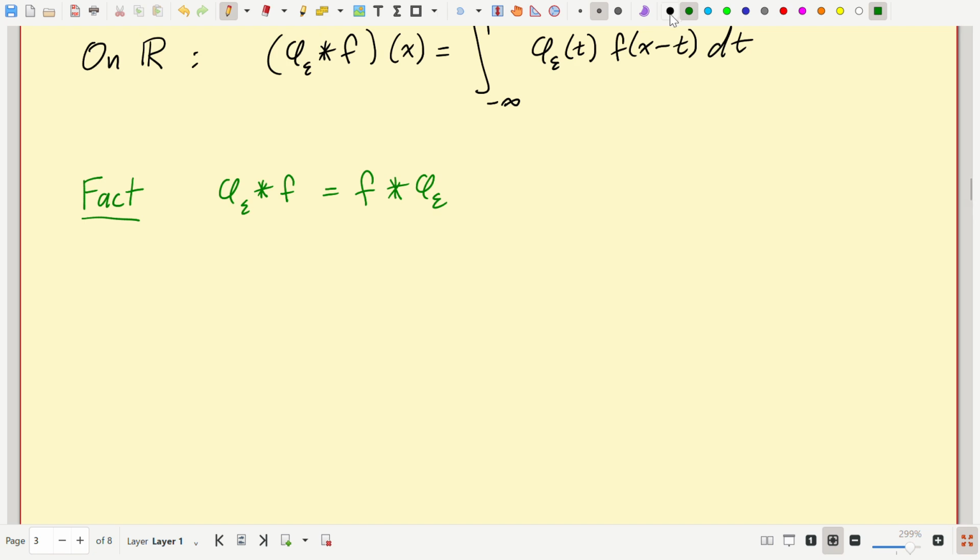Okay, the feeling you should have about this kernel is that convolution with phi sub epsilon smooths stuff out. So the feeling is phi convolved with f smooths out f. Sometimes it's called a mollifier because of that.